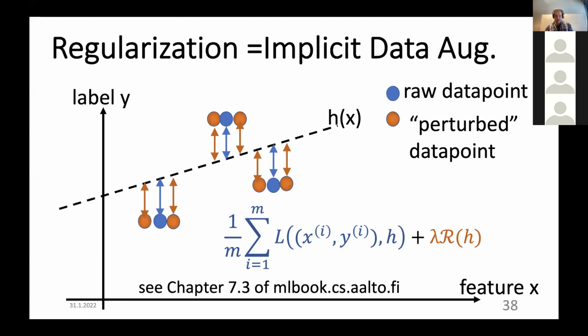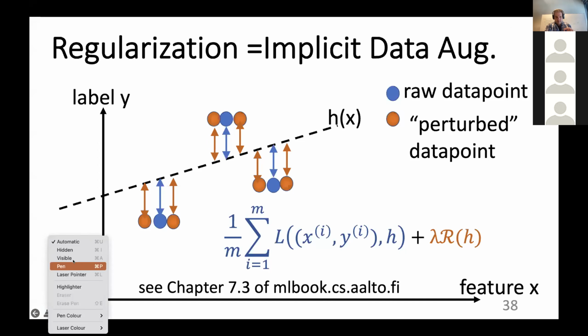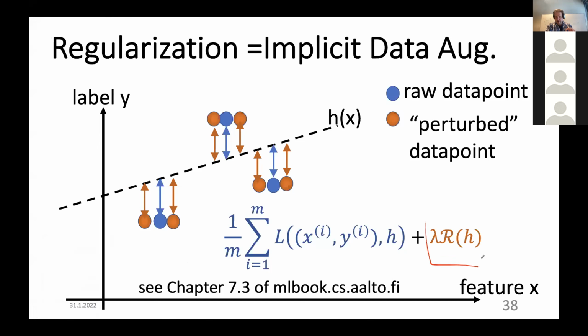And using this law of large numbers, you can show that the sum that you get over these perturbed data points becomes an expectation. And this expectation depends only on the hypothesis. And this expectation is actually this regularization term. So this regularization term here is an expectation and is, in a sense, an approximation in the other direction.